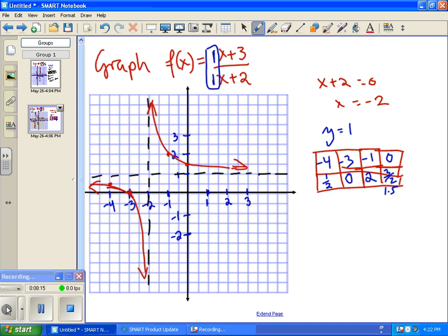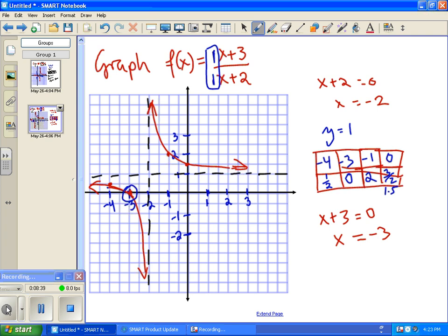So the numerator in this case is x plus 3. So just set that equal to 0, and you're going to get that x equals -3. So that's our x-intercept. And you can see in our graph that is true right there. At x equals -3, the graph crosses the x-axis.